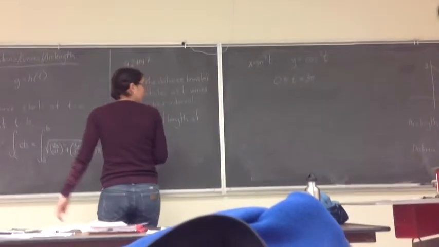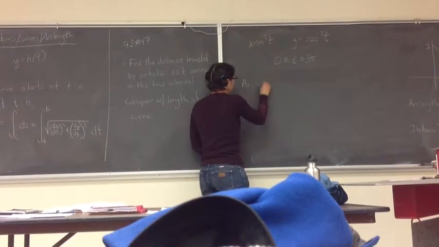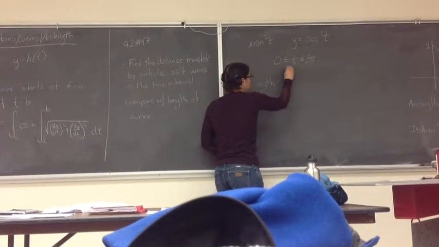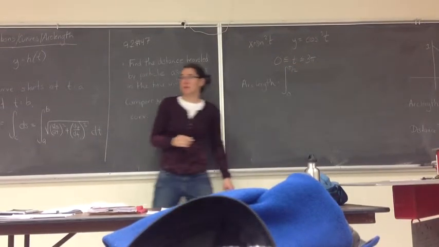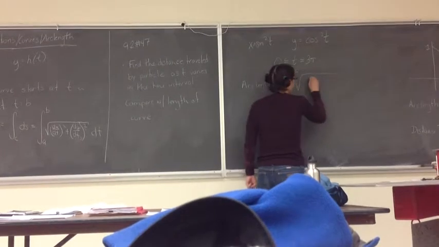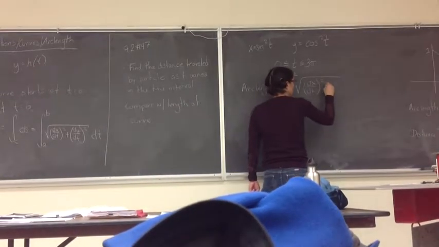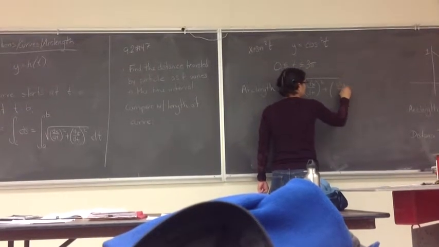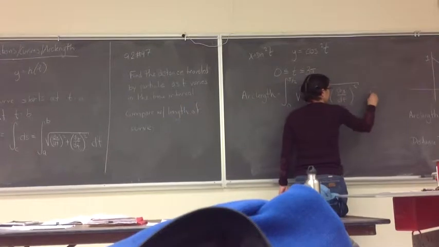And so in terms of our example for the arc length, our arc length is going to be the integral from 0 up to pi over 2 of the square root of dx dt squared plus dy dt squared, all of that into the square root and then a dt at the end.